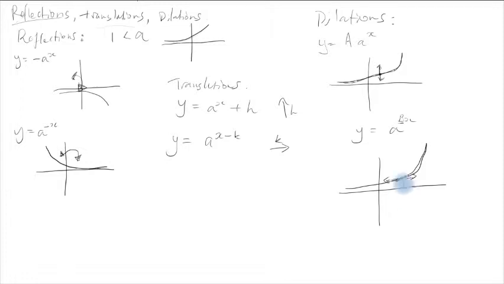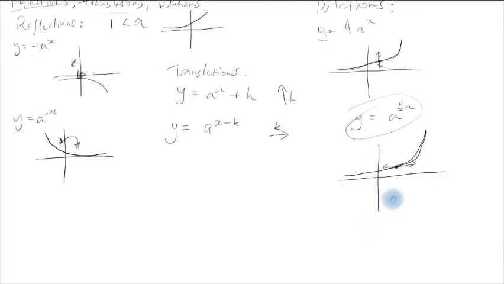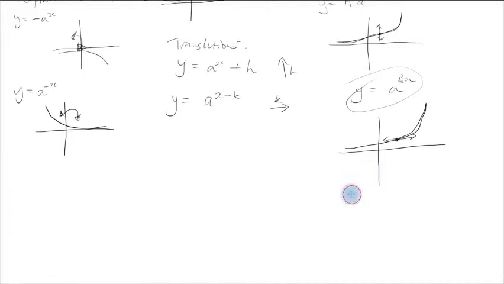Now, my preferred way to deal with this second type is to realize that you can change y equals a to the power bx to a to the power b, all to the power of x.